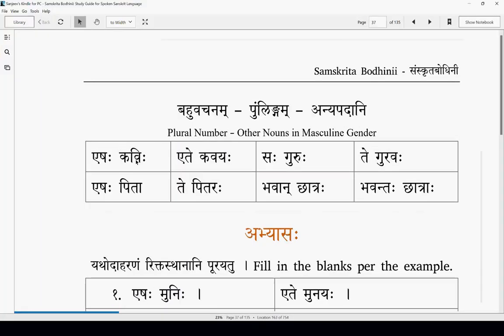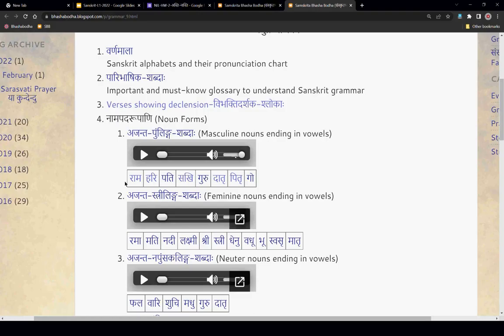What is the base word here? Kavihi is the word, but what is the base word without Visarga? Kavi. In the table, masculine noun ending in vowel, which is similar to i here, Hari. There are others also like Pati, Sakhi, but they are a little bit different. So this Kavi will be like Hari.